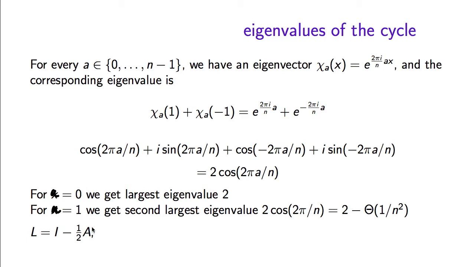So every eigenvalue of the adjacency matrix becomes an eigenvalue of the Laplacian if you look at 1 minus half times the eigenvalue. So the largest eigenvalue of the adjacency matrix will become 0, the smallest eigenvalue of the Laplacian. And the second largest eigenvalue of the adjacency matrix will become the second smallest eigenvalue of the Laplacian, which will be order of 1 over n squared.